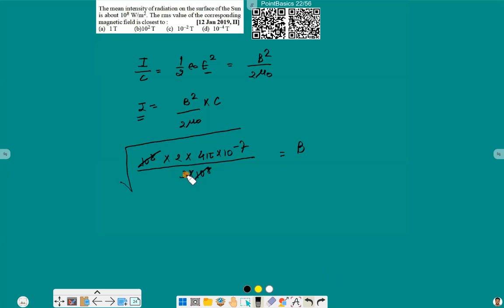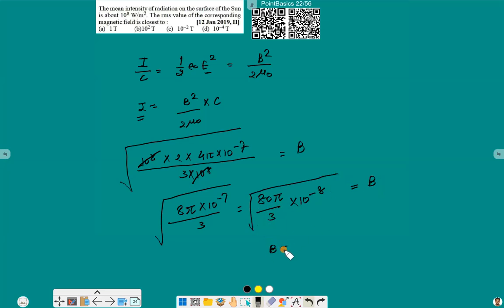So let us use some simplification here. So we can write it like this: 8 pi into 10 raised to power minus 7 divided by 3, whole under root, and this can be further written as 80 pi by 3 into 10 raised to power minus 8, and whole under root equal to B.